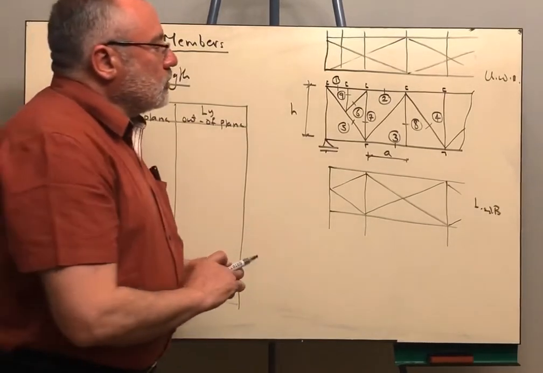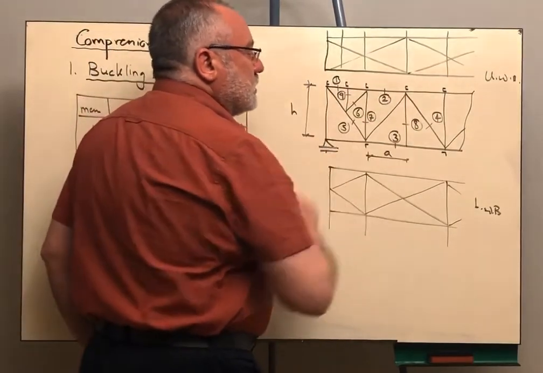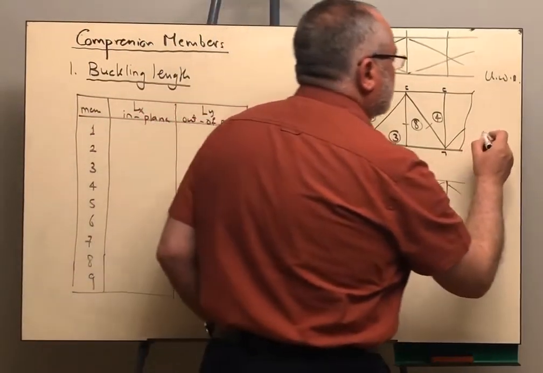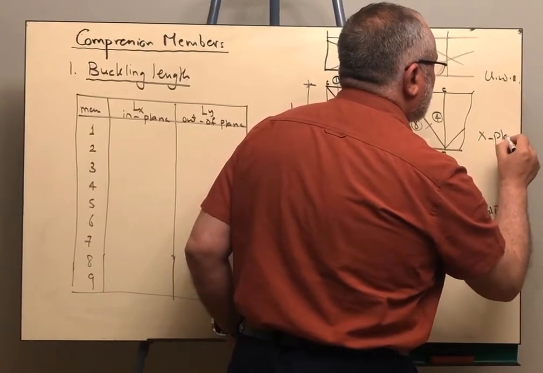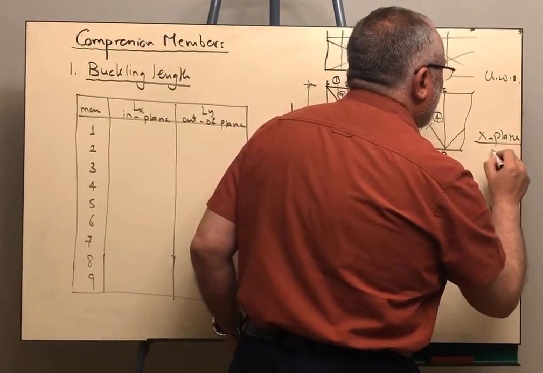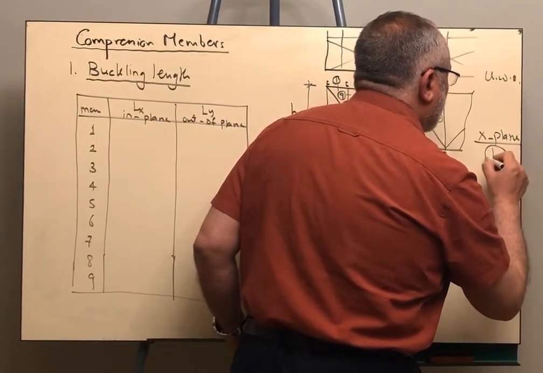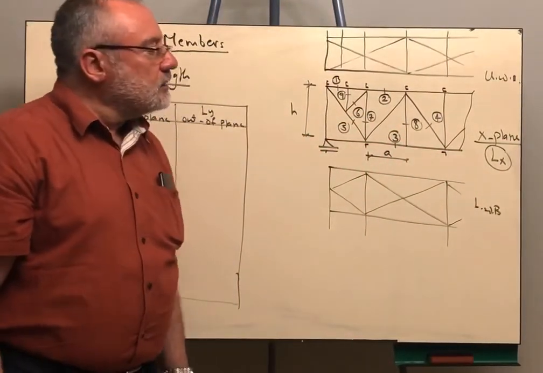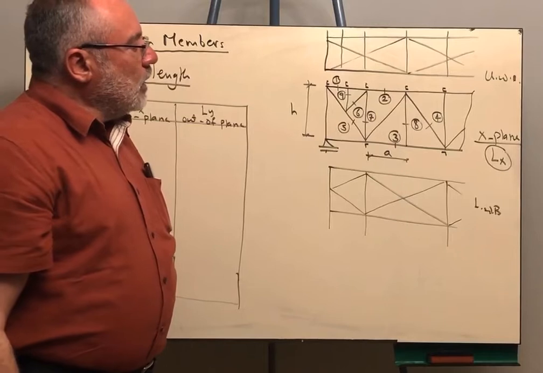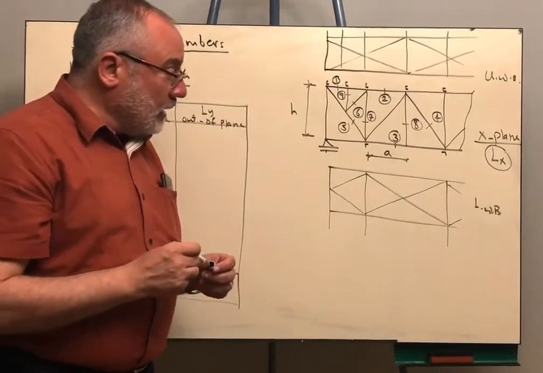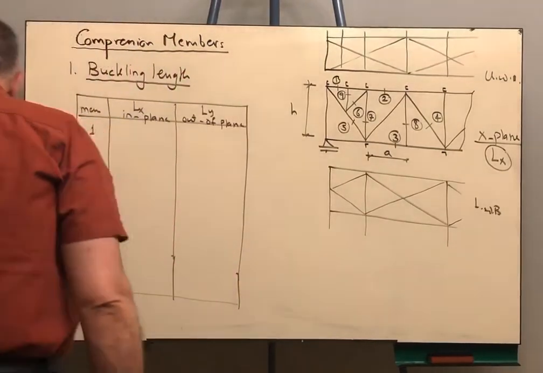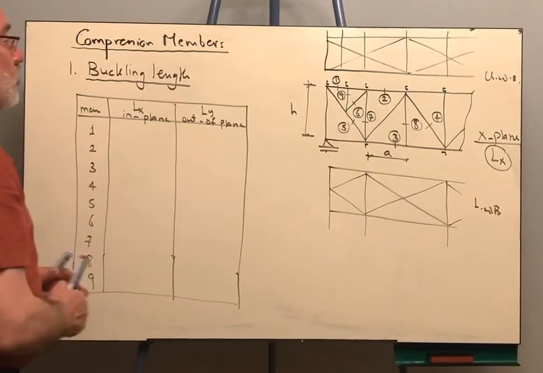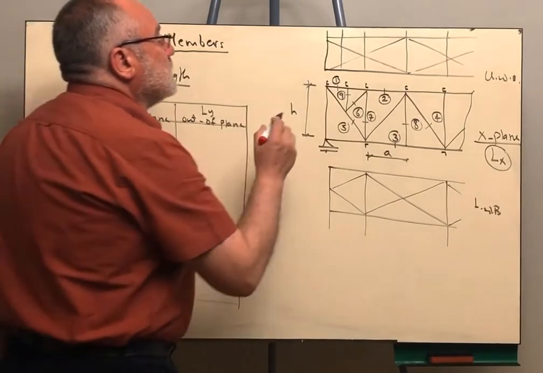As we said before, the in-plane of the truss, this is the X-plane. From there, we determine the magnitude of Lx, which is the buckling length about the x-axis. Now, let us start with member 1. Where is member 1? Member 1 is here.